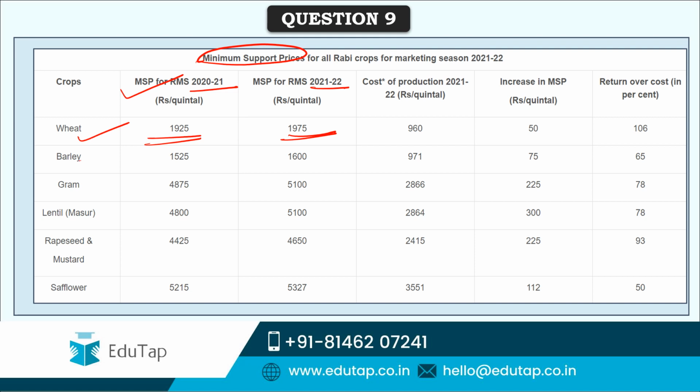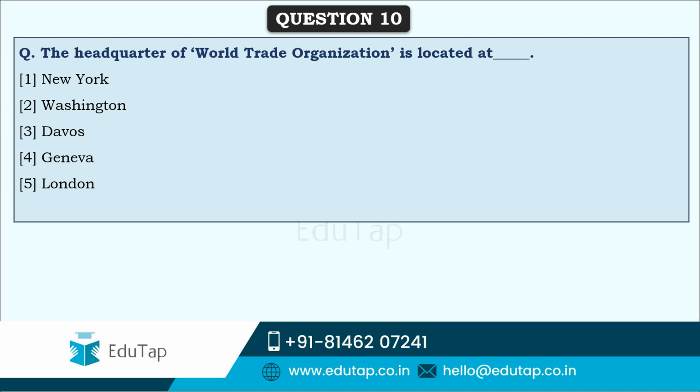Here, as you can see, the cost of production is what they have fixed per quintal, and the increase in MSP is what can be noticed, and the return over cost in percentage is whatever returns the farmer is able to get over whatever he has spent.